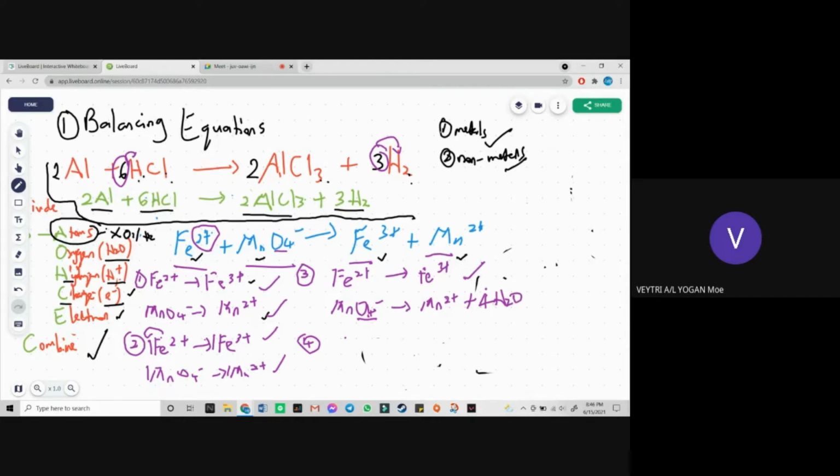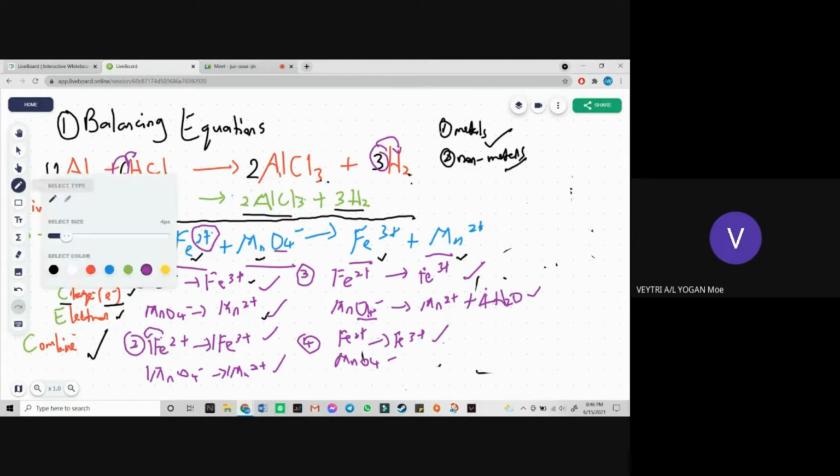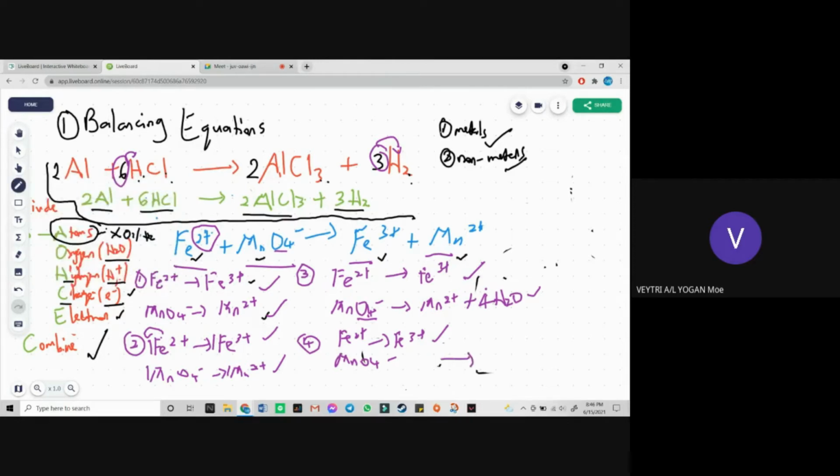Next, let's balance out the hydrogen. Fe2 plus, you get Fe3 plus. That is balanced because tiada hydrogen atau oxygen involved over here. Okay, so that is balanced. Alright, now, the next one. MnO4 minus, you will get Mn2 plus and 4H2O.